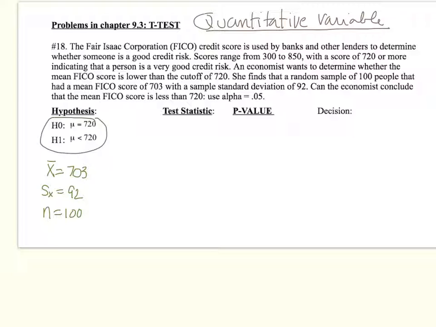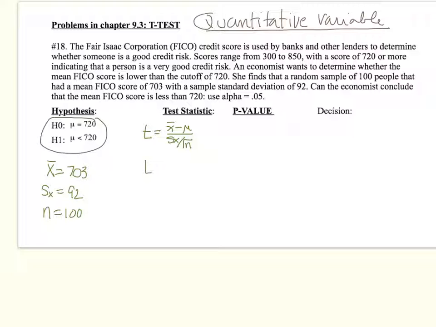The test statistic in this case is t, and I always write it down: x bar minus mu divided by Sx divided by the square root of n. Had we known the population standard deviation, we would have used a z-test instead of a t-test.